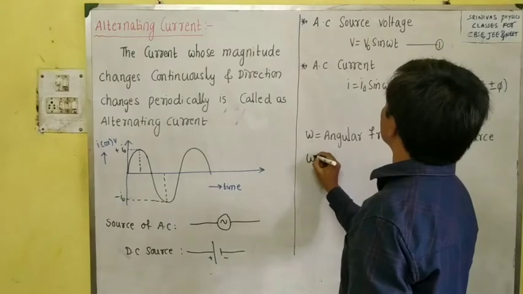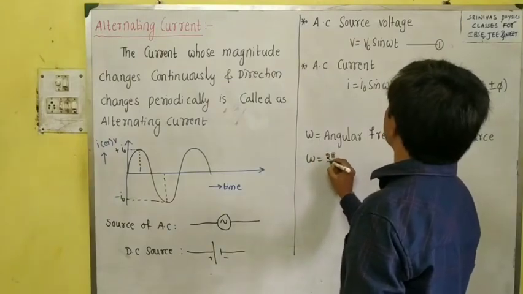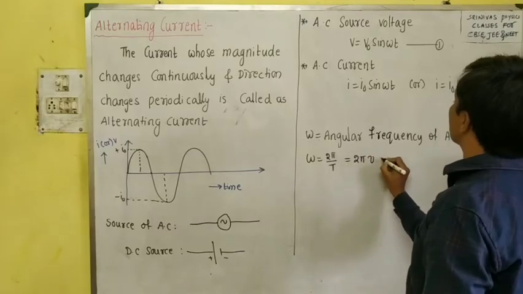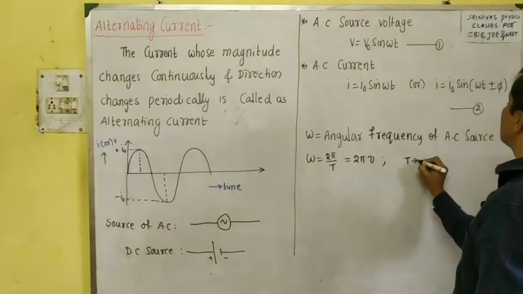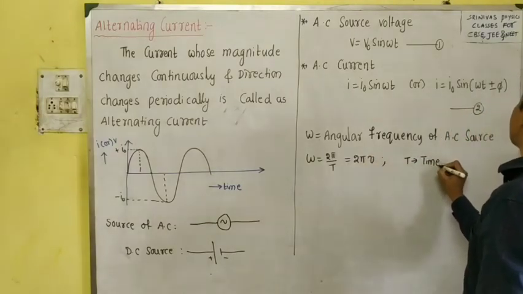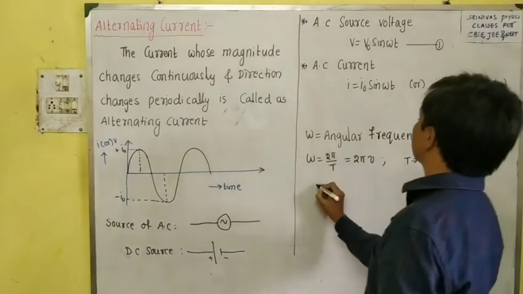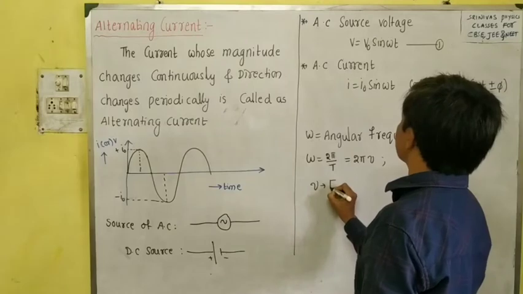Omega is 2 pi by T, where T is the time period, or 2 pi nu, where nu is the frequency.